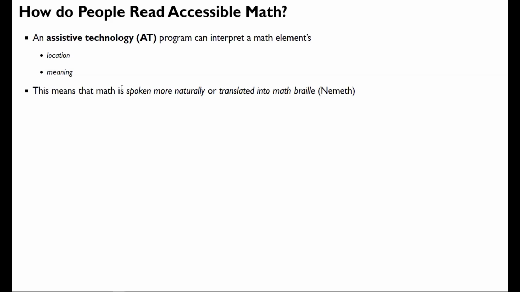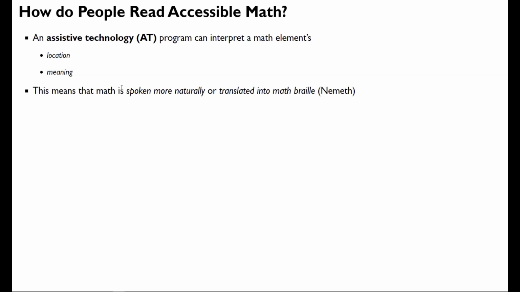When the math is encoded in the way that I've talked about, these programs can understand where the students are in the expression, and they can also know what kind of element it is. So they know the location and the meaning of the math element that they're exploring.